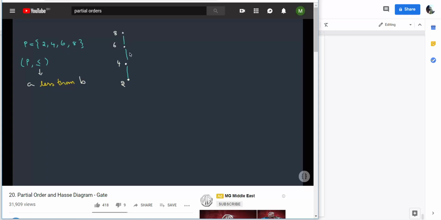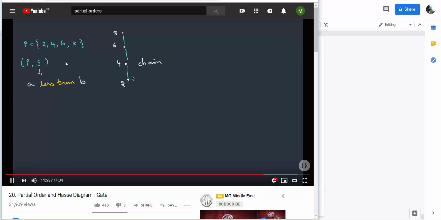Do you see anything unique in this? Yes. Here each of the nodes is connected in a sequence and there are no branches. This type of connection is called a chain. There is one specialty for this: every two elements can be compared. If I take 2 and 4, 2 is less than 4. If I take 4 and 8, 4 is less than 8.